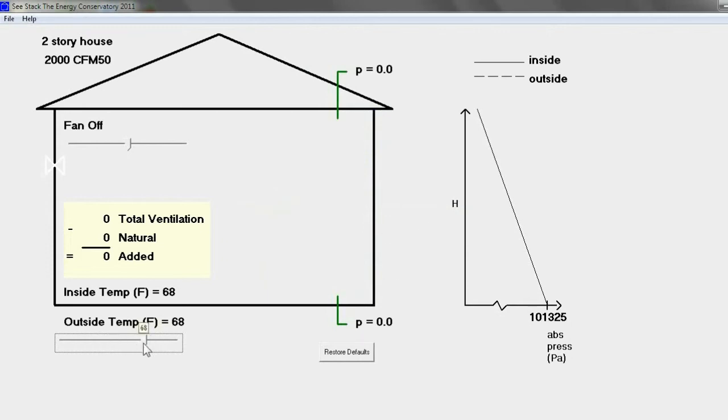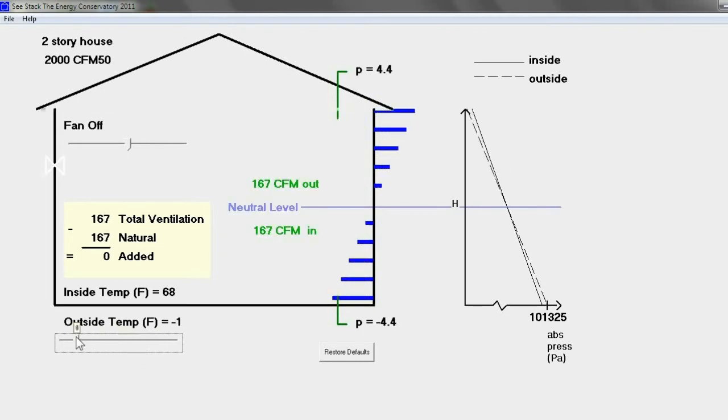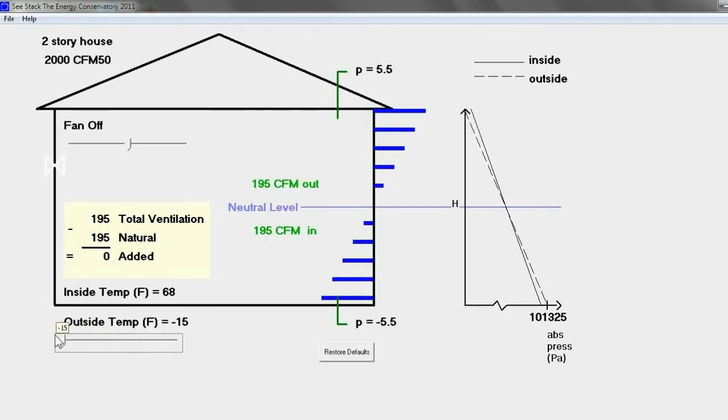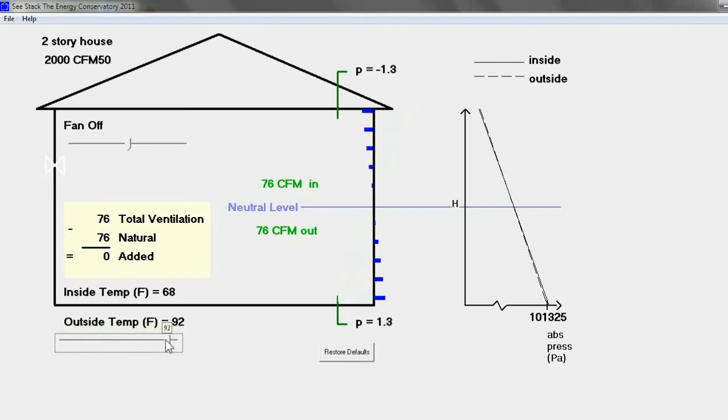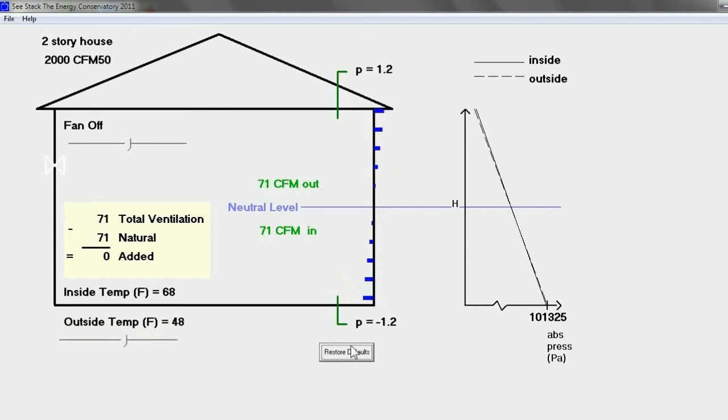As our temperature goes down, our pressures at the top and bottom of the building increase. And as we go above, when it's warmer outside, we'll have a reverse stack effect where air is leaking out. The heavier air is falling and leaking out the bottom of the building, and air is being replaced, because our CFM in has to always equal our CFM out.